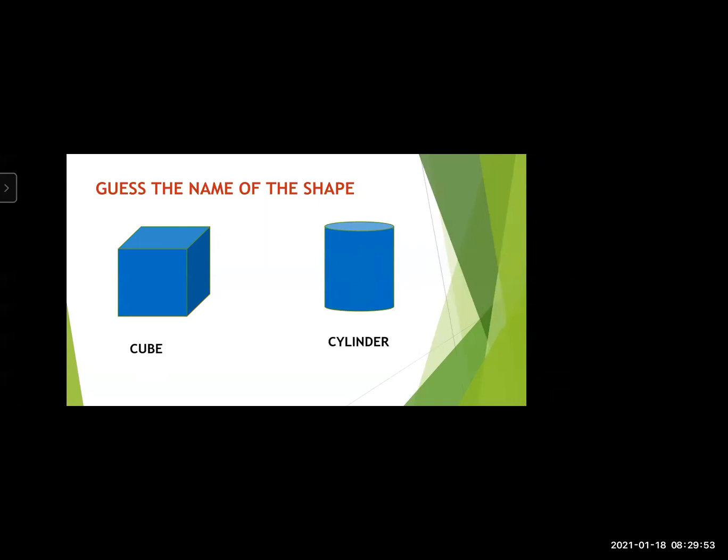This is a cylinder. So today, after this lesson, you have to draw all the three-dimensional shapes, and find out which objects you see in your surroundings that look like a cube, cuboid, triangular prism, and cylinder. Also find out how many vertices, edges and faces each has, and what the shape of their faces is.